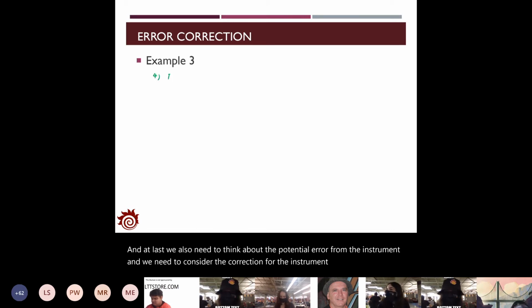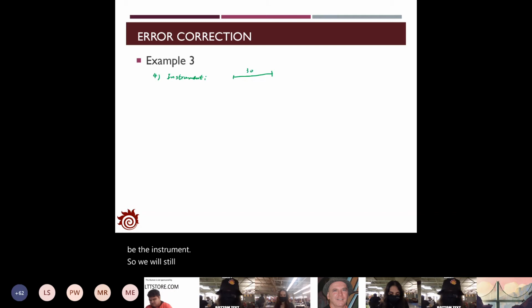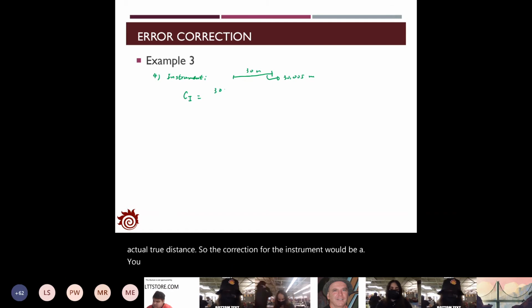So this would be the instrument. We will still need the same figure: the 30-meter tape measured 30.005 meters, the actual true distance. So the correction for the instrument would be, you will actually be around 5 millimeters shorter for each 30 meters distance you measured.